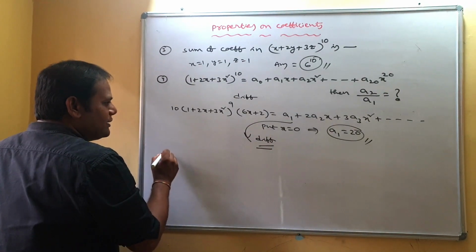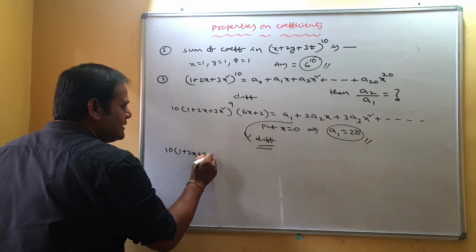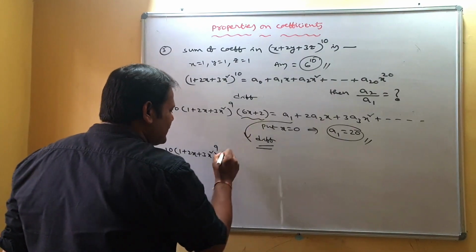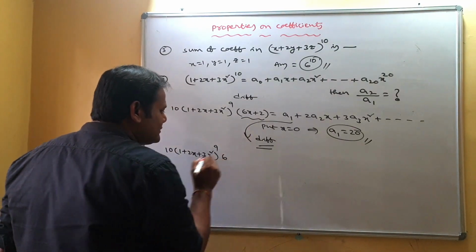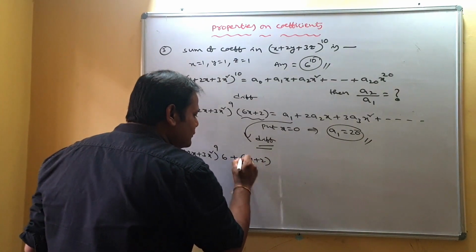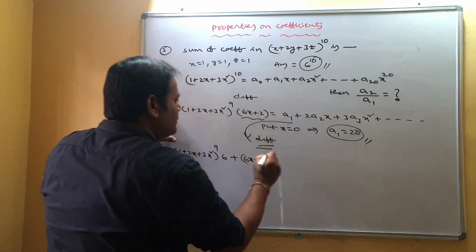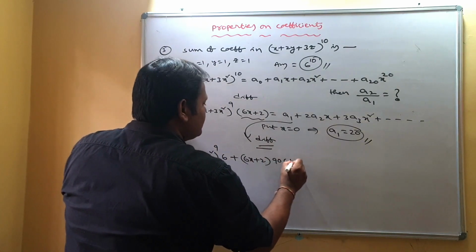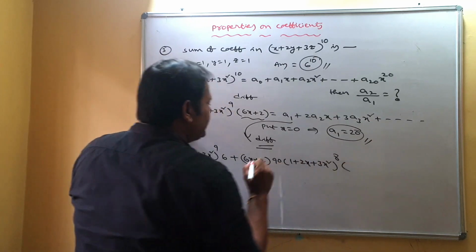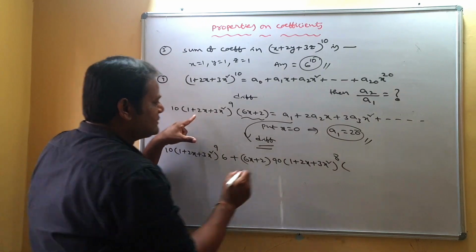So we get 10 into 1 plus 2x plus 3x squared whole power 9 into the derivative of this function, that is 6. Plus, UV rule I am applying, you don't confuse, 6x plus 2 into the derivative of this, that is 90 into 1 plus 2x plus 3x squared whole power 8 into again the internal derivative, 6x plus 2, right?